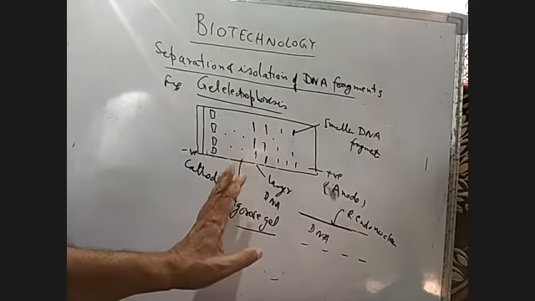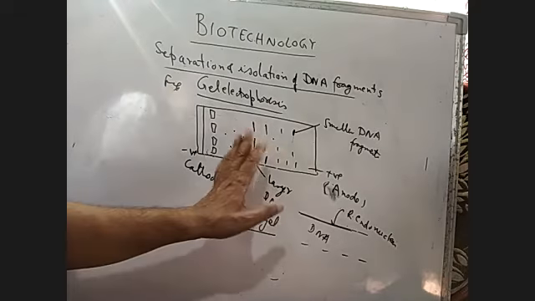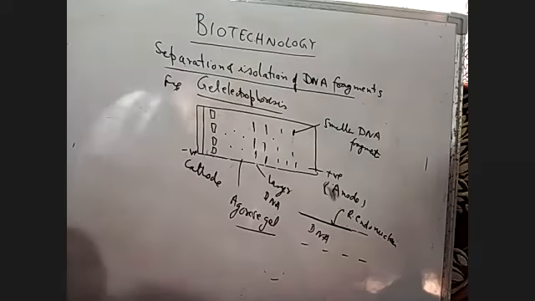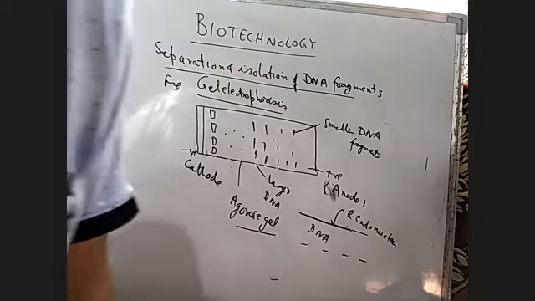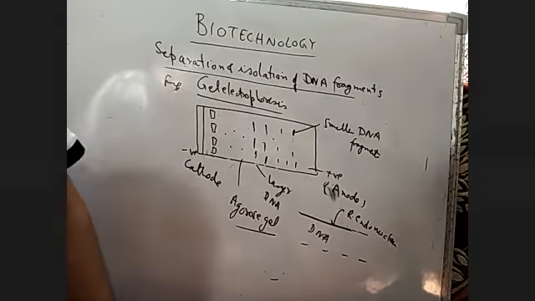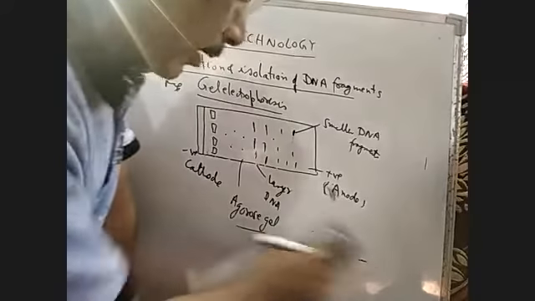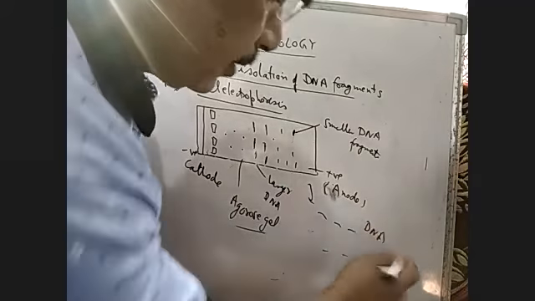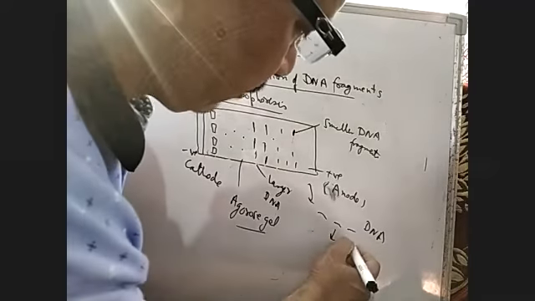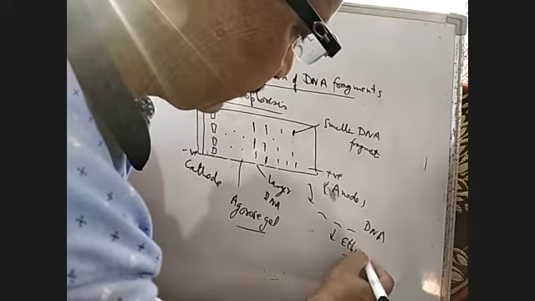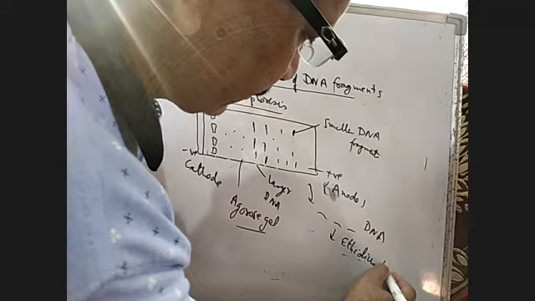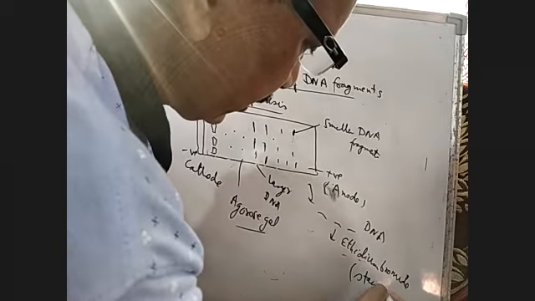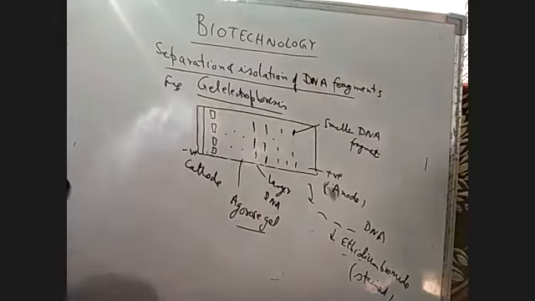Then after that, whatever DNA has moved, we take it out and stain the DNA with ethidium bromide. This is DNA, and this is stained by ethidium bromide.